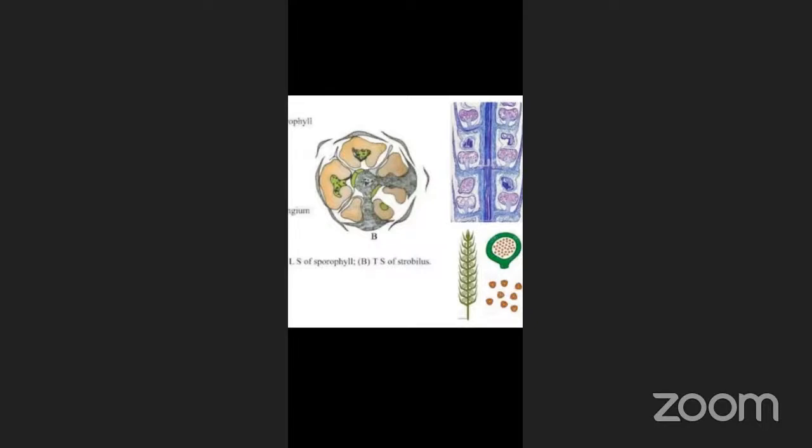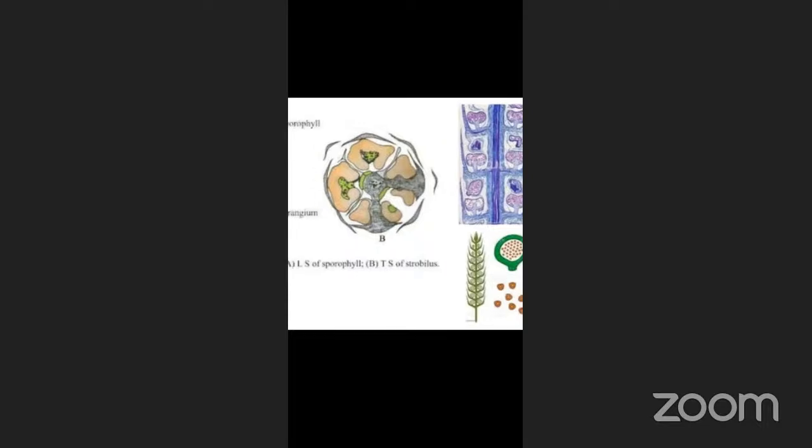There are two types of gametophytic stages, Lycopodium serratum and Lycopodium annotinum. Here a number of steps are there.